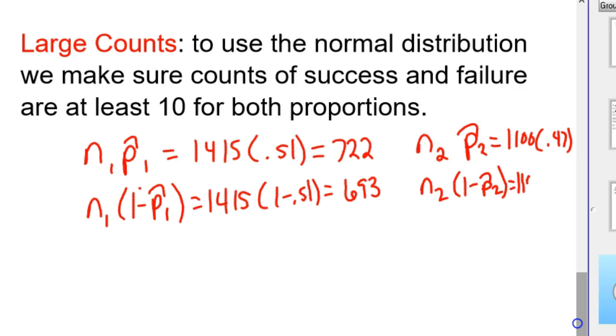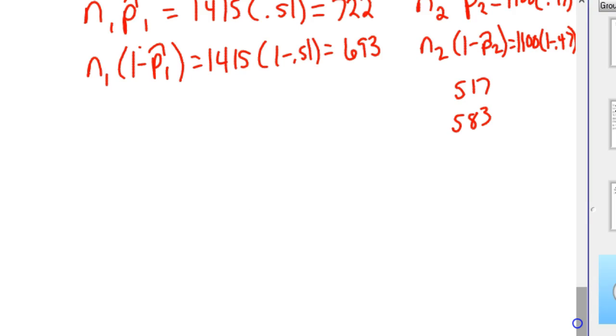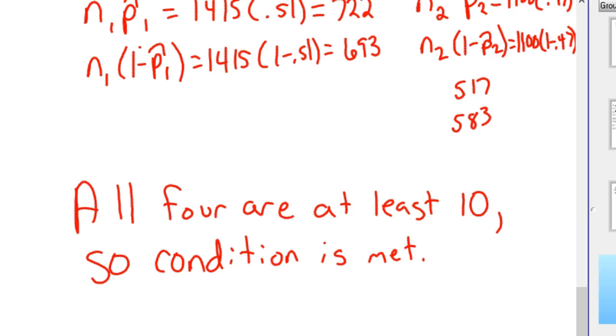Same thing, 1100 times 1 minus 0.47. And in those cases, I ran out of room, but the top one is 517 and the bottom one is 583. And then once you know that they're all bigger than 10, you say something like this: all four are at least 10, so the condition is met.